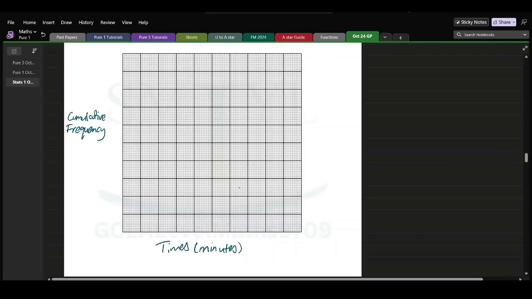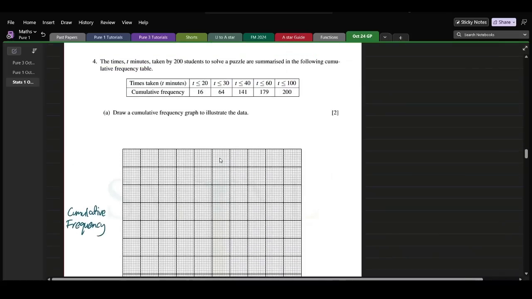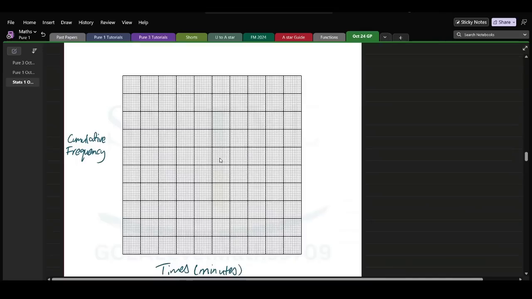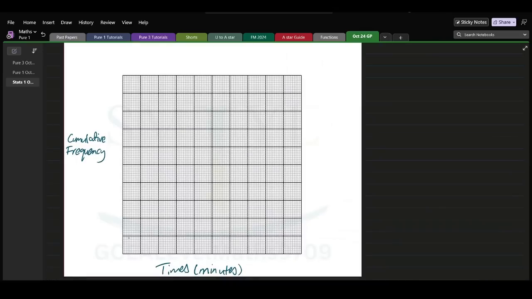Alright, and we need to figure out what scales we can use. So our cumulative frequency goes up to 200. We've got 10 boxes, so we can go from 0 up to 200 moving in 20 unit intervals.